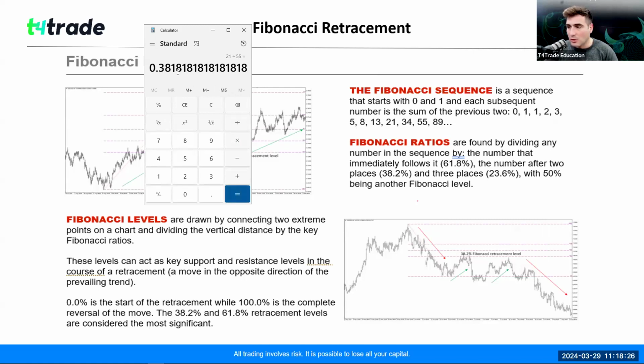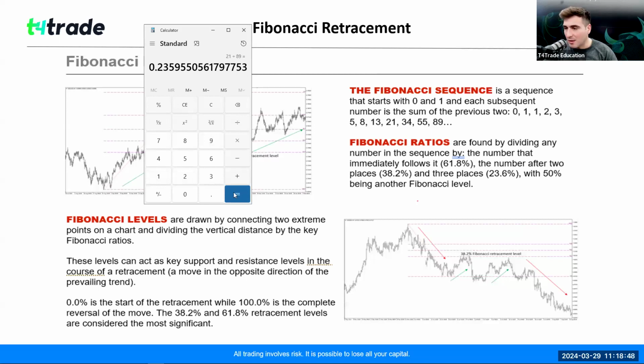Okay, so if you want to get the 23.6%, you do three jumps. I think it's pretty self-explanatory, but for the sake of it, let's do it here. 21, and divide that by the number three places down the line: 34, 55, and 89.